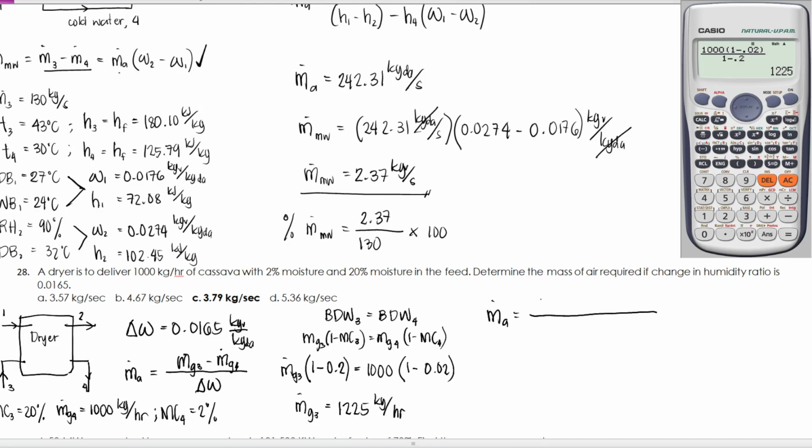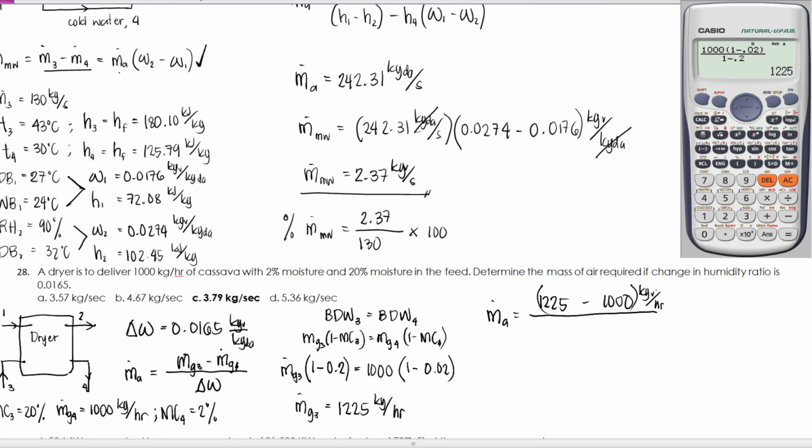So, substitute, mg3 is 1225, mg4 is 1,000. Or, again, ito yung difference ng gross weight ng isang hygroscopic material kay dryer. At yung difference ng gross weight ay in terms ng kilograms of water vapor. Kasi bumababa ang gross weight ng isang hygroscopic material kasi nababawasan niya ang kanyang moisture content.